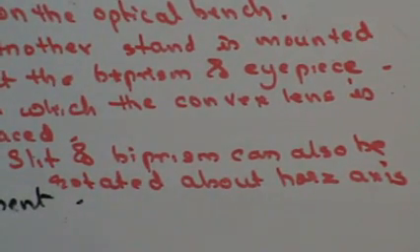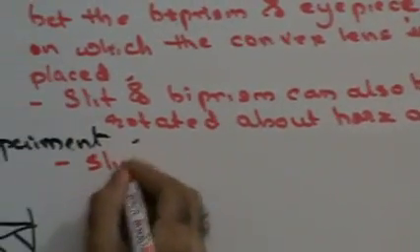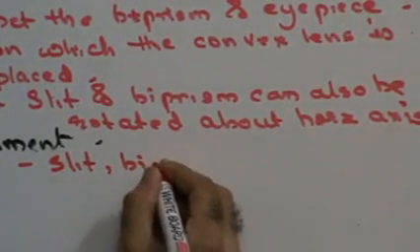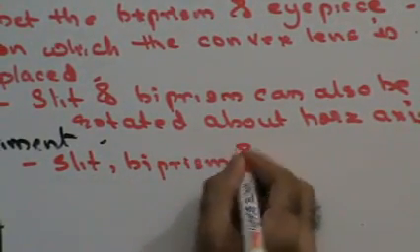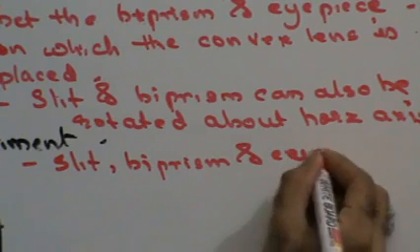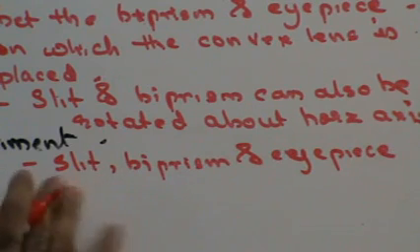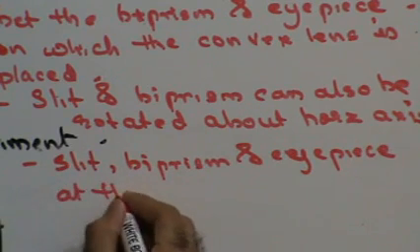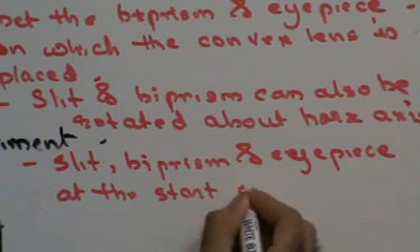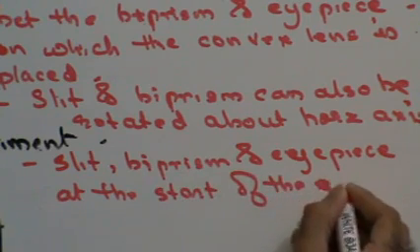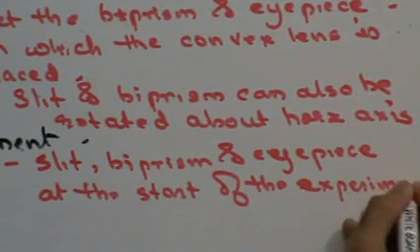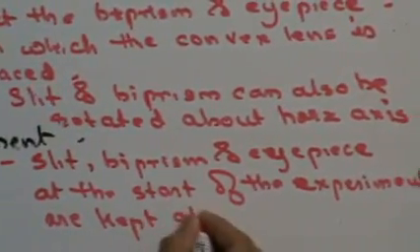Now the slit, biprism and the eyepiece are kept at the same height, initially or at the start of the experiment.